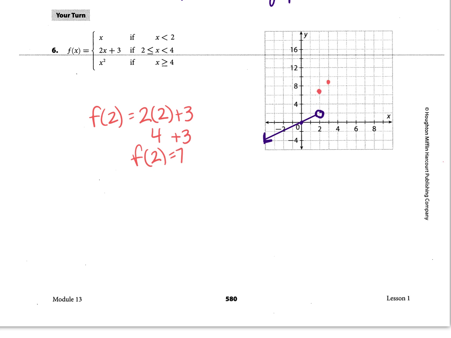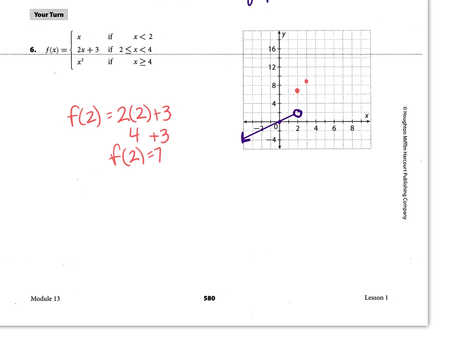And that is a solid dot because it has the equal to symbol. Then we're going to continue on. If we plugged in 3, 2 times 3 is 6, plus 3 would give us 9. So f of 3 is 9. Go over to 3 and up to 9.